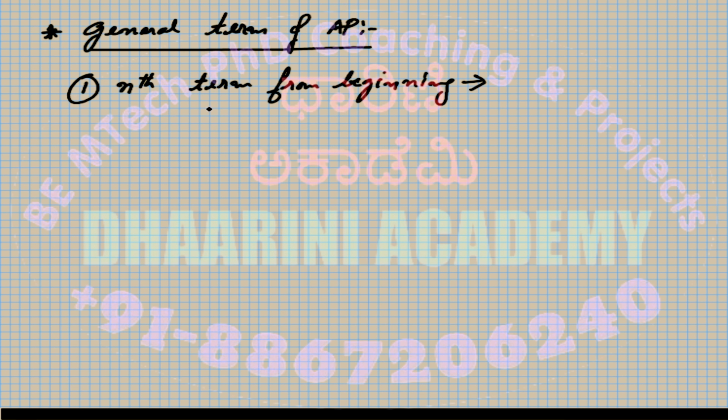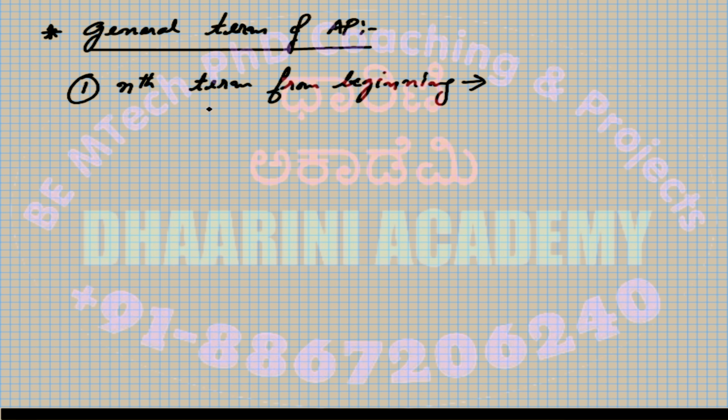Nth term from beginning, we know that it is written as Tn is equal to A into R to the n minus 1. And since this is the last term, we can denote it as L for our reference.